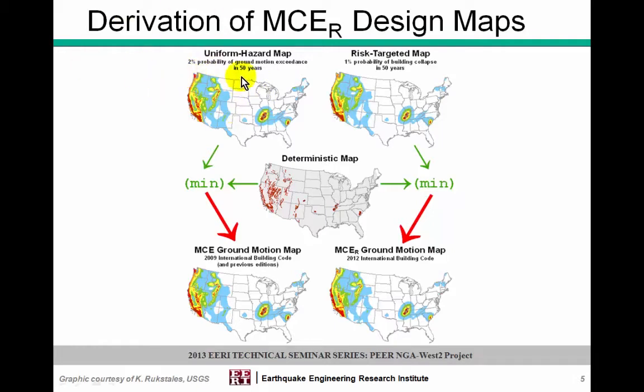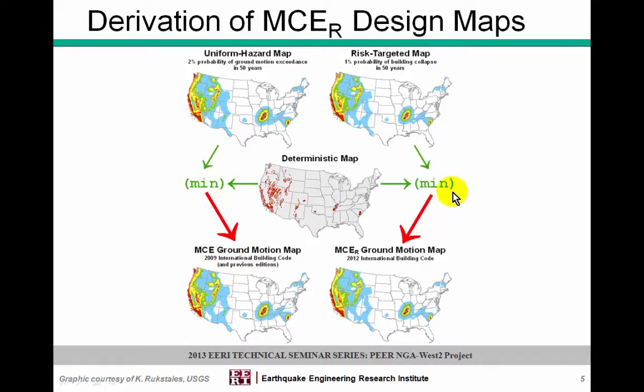Many of you may be familiar that the basis was a uniform hazard map, a map of ground motions that all have a 2% probability of being exceeded in 50 years. That was the main basis, but there also were deterministic ground motion caps that were applied to these 2% in 50-year uniform hazard ground motions to get at the MCE ground motion maps.